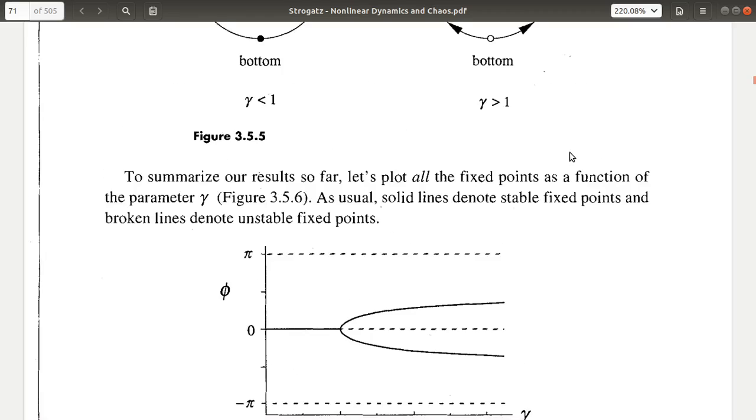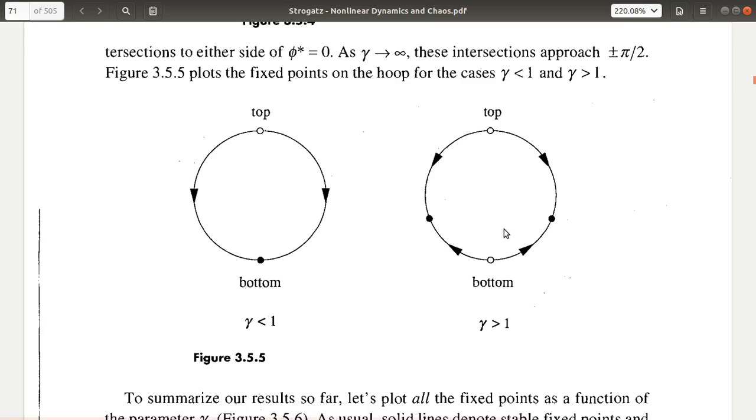So in the physical system, how does it look when gamma is less than 1? We have 3 fixed points. One is phi equal to 0, which is this position, and phi equal to plus pi or minus pi, both representing the same point, which is this one, and that's unstable.